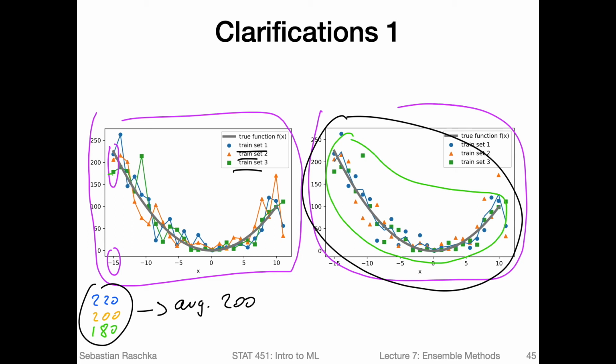This average is actually better at approximating the true function than any of these decision trees alone. So what we're doing is lowering the variance by averaging, which is the concept behind bagging.